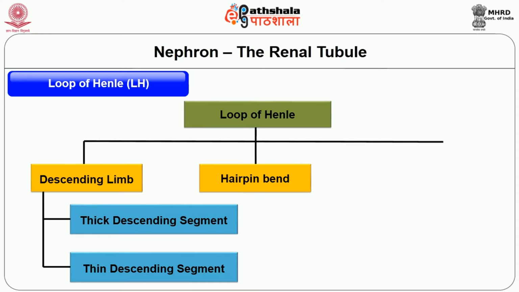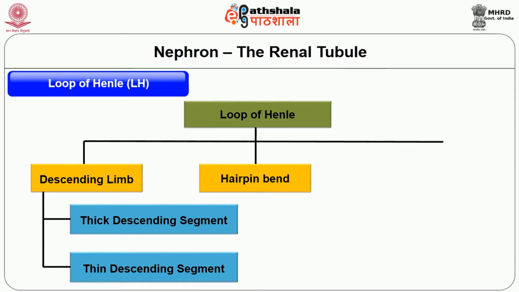In cortical nephrons, it is short and the hairpin bend penetrates only up to the outer medulla. In juxtamedullary nephrons, this is long and the hairpin bend extends deep into the inner medulla. In some nephrons, it even runs into the papilla. Next, we move on to the hairpin bend.